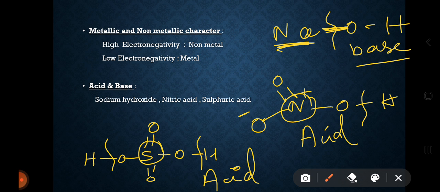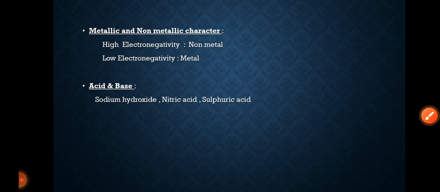Metal is giving OH minus, whereas non-metals nitrogen and sulfur are giving H plus and acting as an acid. By this you can understand non-metals give H plus and they act as acid, whereas metals give OH minus and they act as base here. That is one of the applications of electronegativity. Fine, I think you have understood everything.